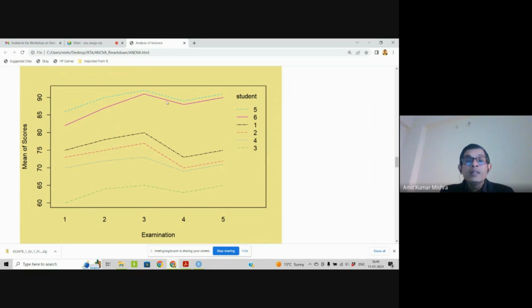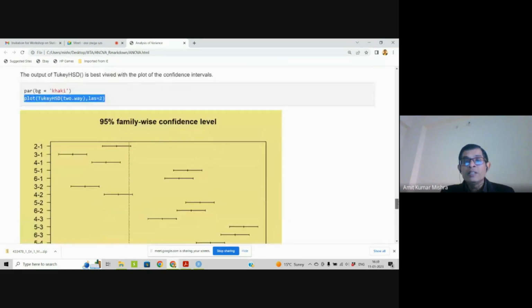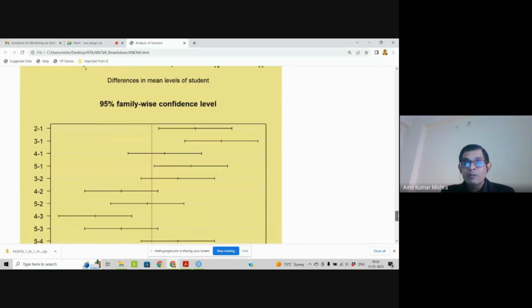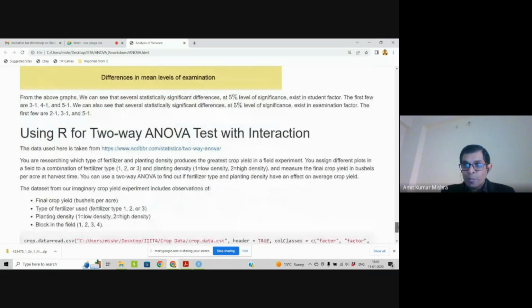You can see there are actually 3 groups. Green is alone, black and these 2 are together, and these 2 are together. So these are the differences which are now showing in these confidence intervals, similarly for the family-wise confidence interval.